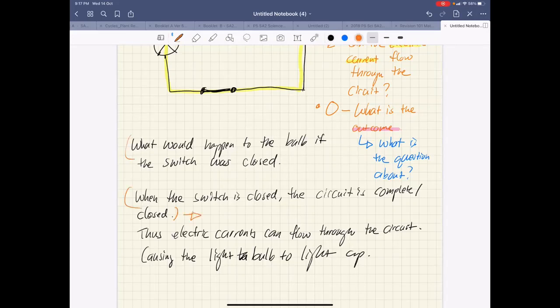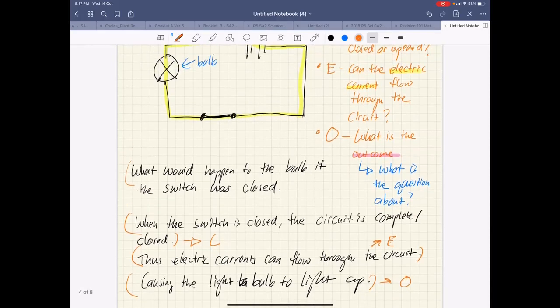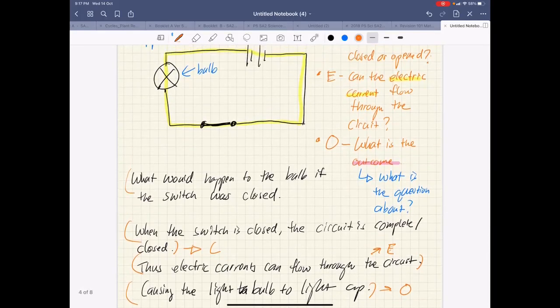So the first part is talking about C, the second part is talking about E, and the last part is about outcome. Using this framework, you can interchange it with many application questions. Maybe in another question, instead of a light bulb, you have an electromagnet.